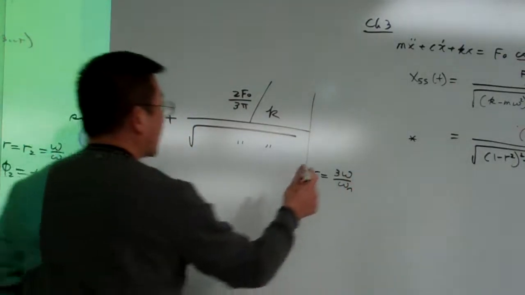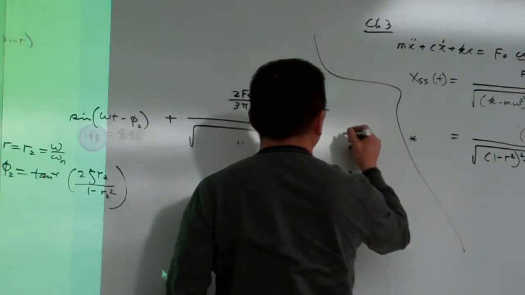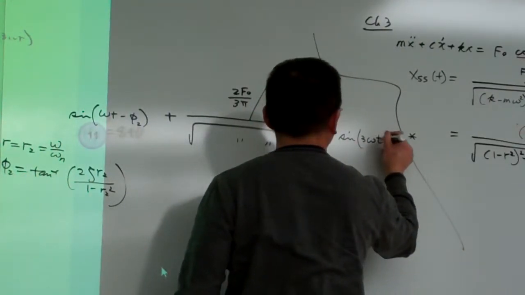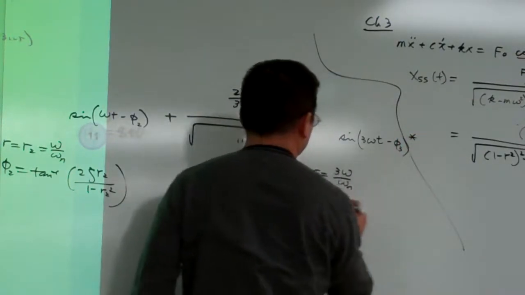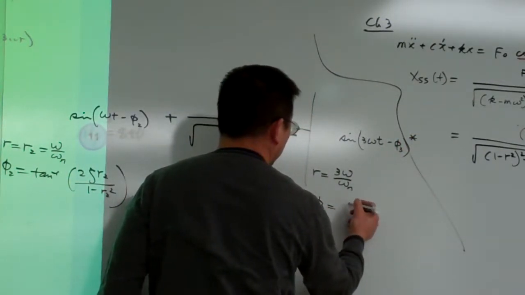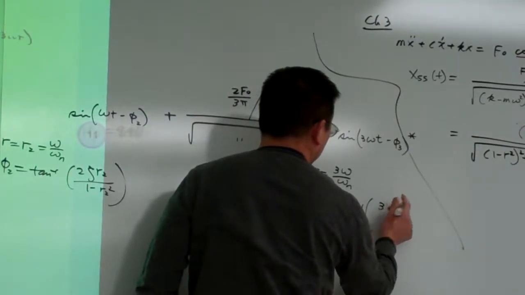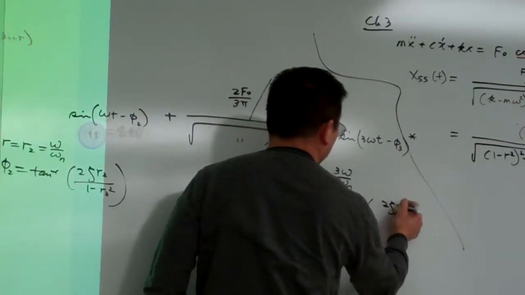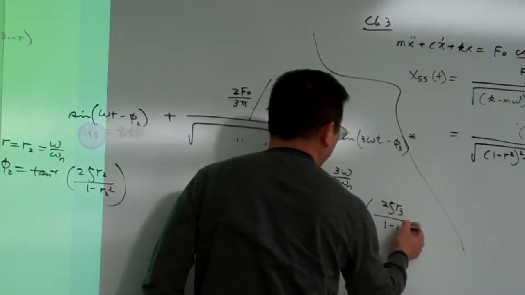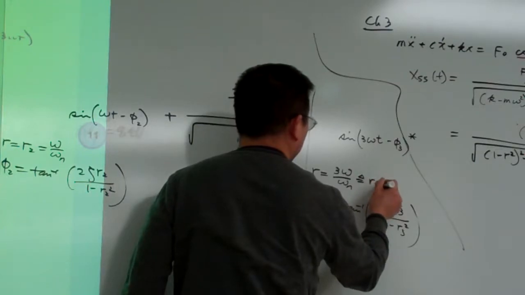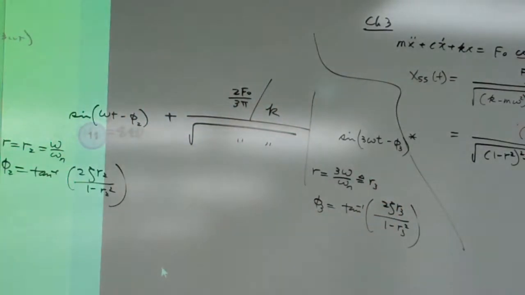Plug in here, and that term is sine of 3 omega t minus phi 3, where phi 3 equals arctangent of 2 zeta R3 over 1 minus R3 squared. So this is R3. That's the result for this problem.